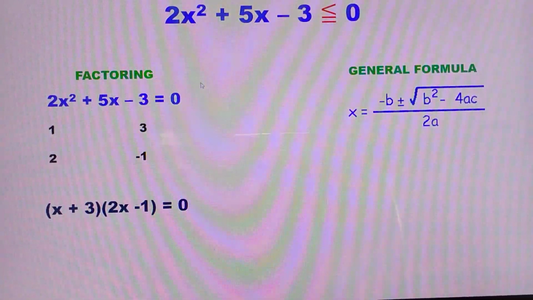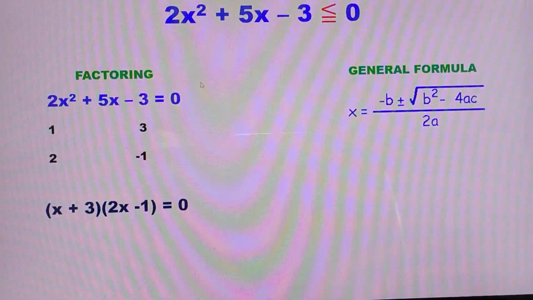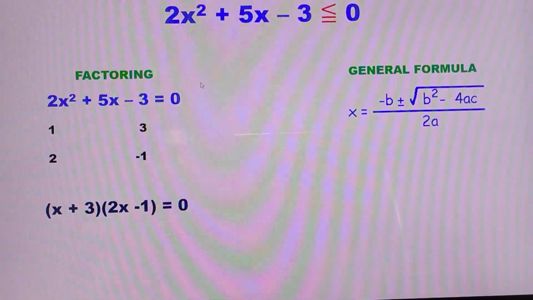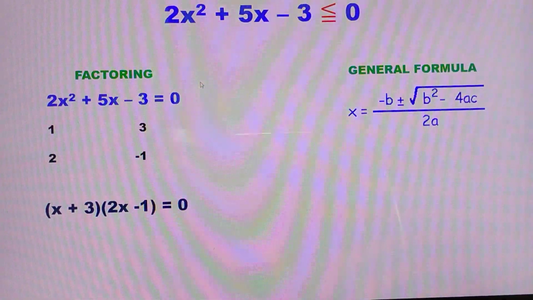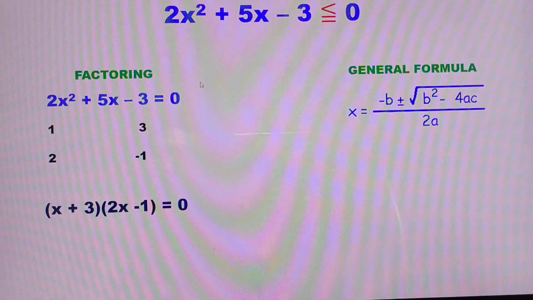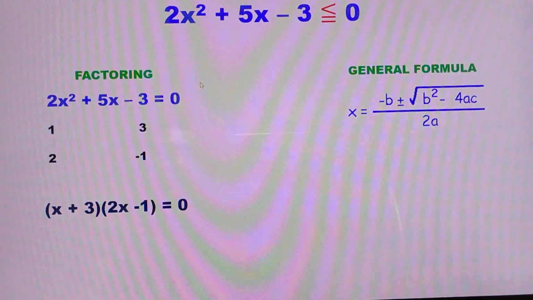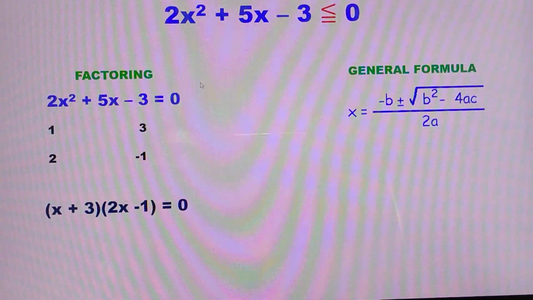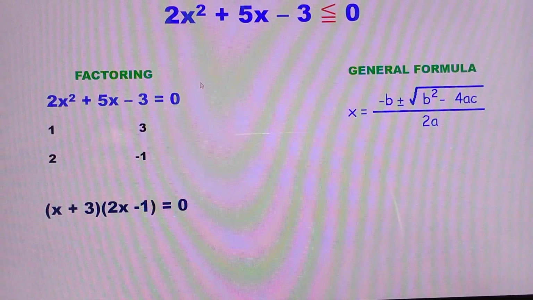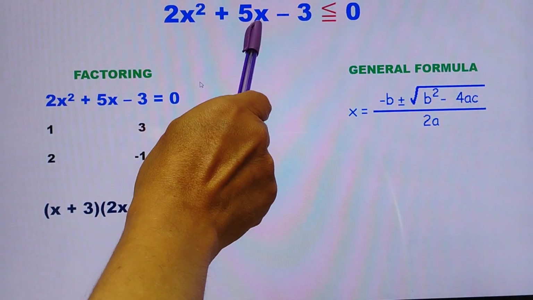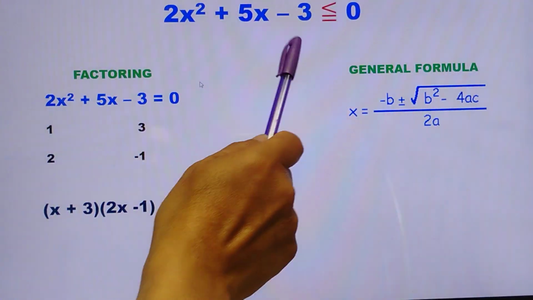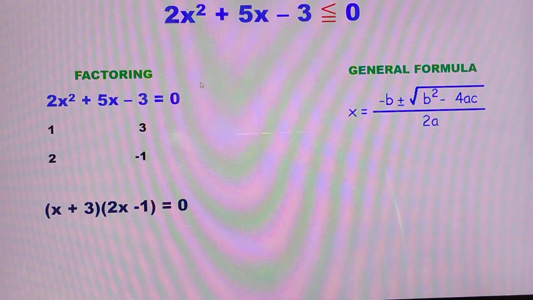And to solve any inequality, the first thing we need to do is to order the terms. Maybe you get an algebraic expression, but the first thing you need to do is to order. What do I mean? The first term must be x power 2, then x power 1, and then what they call the independent term.